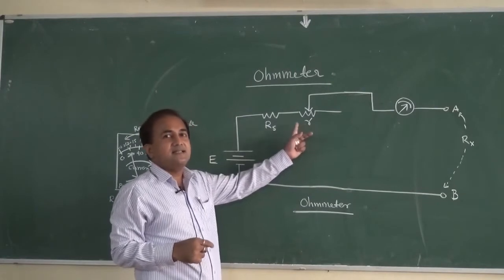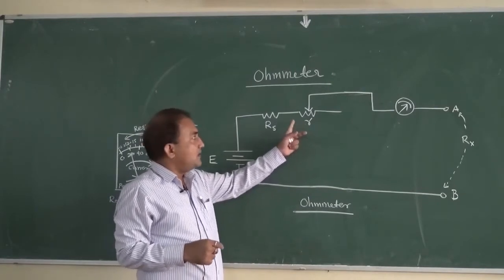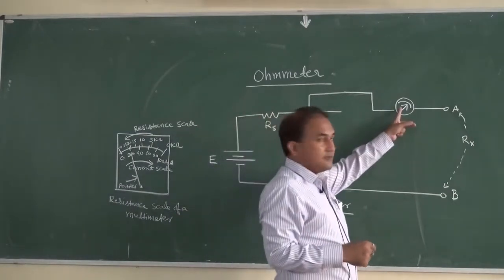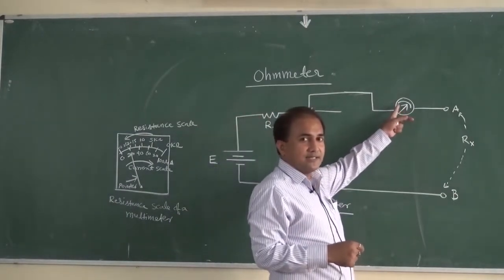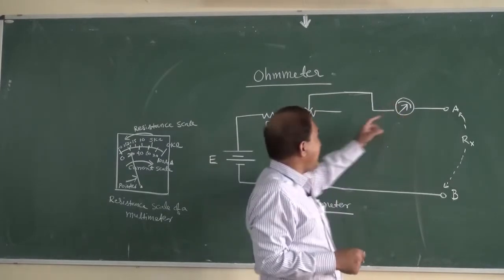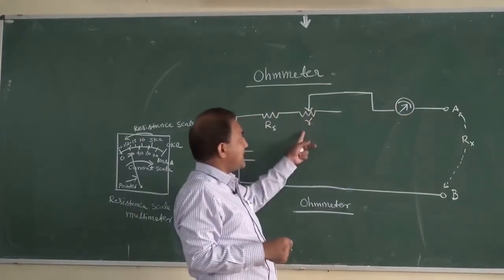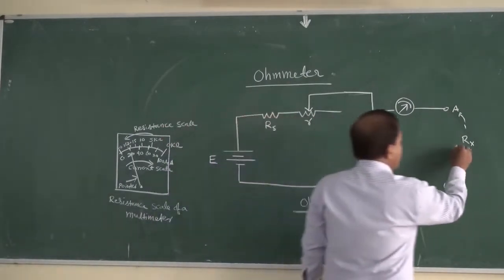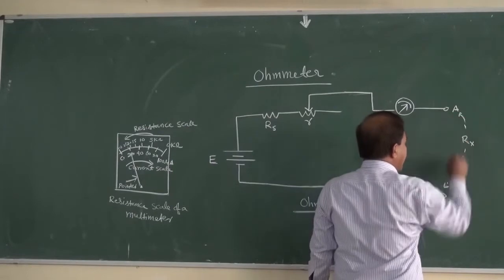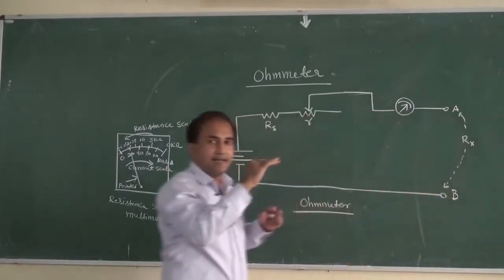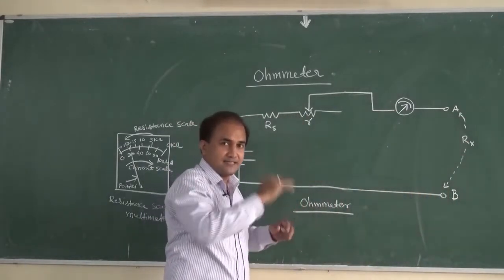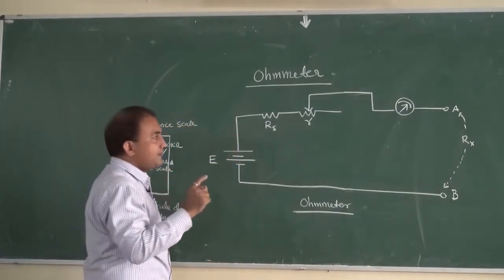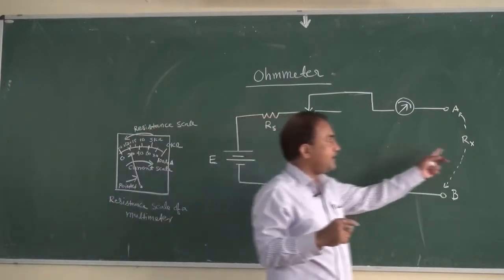We can adjust the deflection of this pointer to 0 by using this variable resistor. Across these two points A and B we have to connect the unknown resistor. In this way we can measure the value of the unknown resistor.